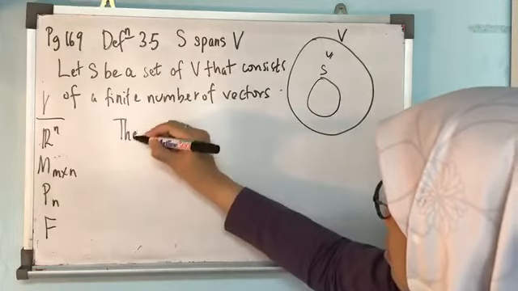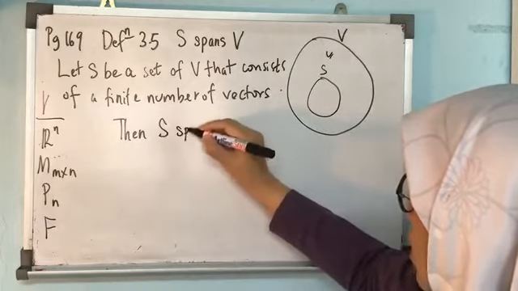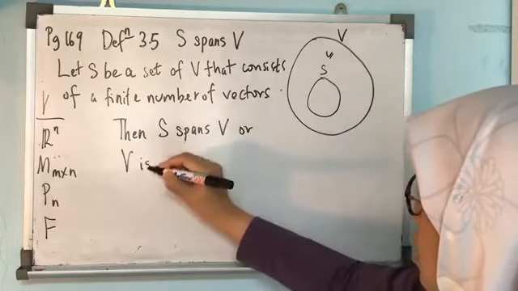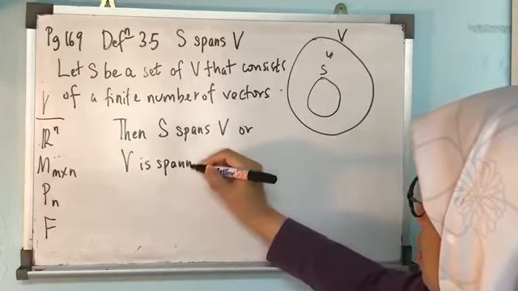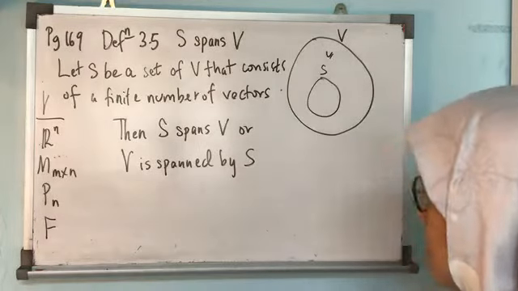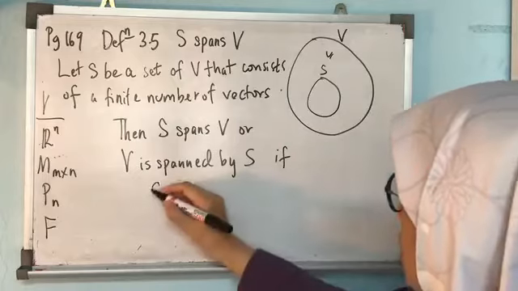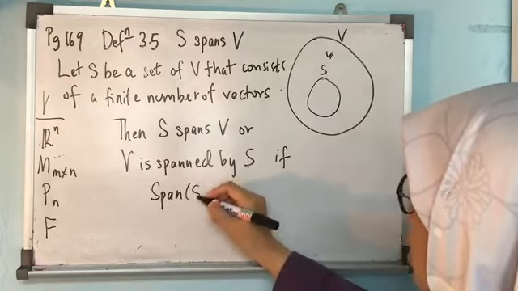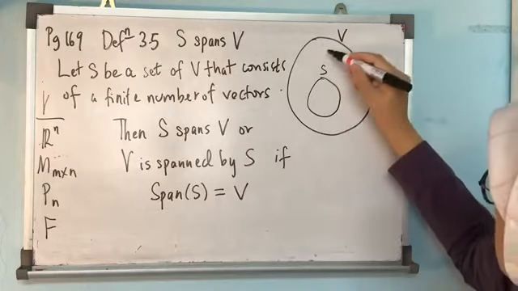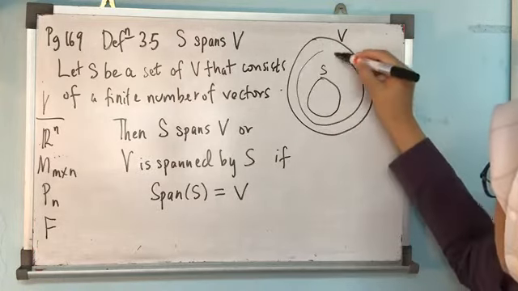Then S spans V, or V is spanned by S, if span of S is equal to V. So span of S is infinite.